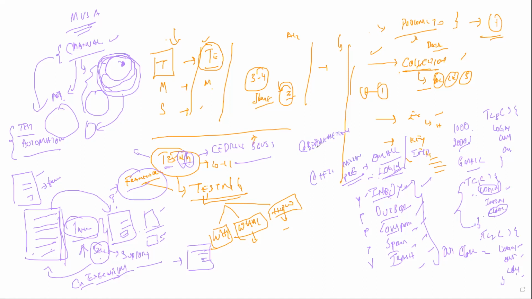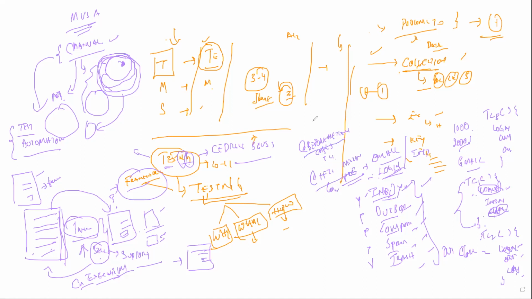Now I'll keep the login functionality as before method and logout as after method. And in every test case I'll write only one method, which is inbox. Now I don't require this, I don't require this, because I added annotations saying before method and after method, login and logout.